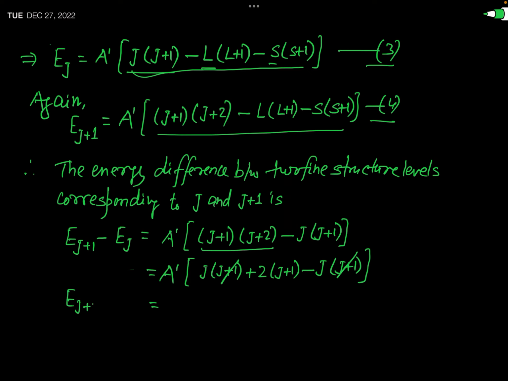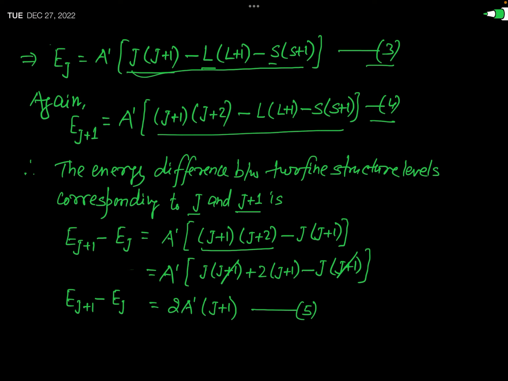And your result is what? EJ plus 1 minus EJ will be 2A prime times J plus 1. This is the difference of the energy of two fine structure levels characterized by the quantum numbers J and J plus 1.